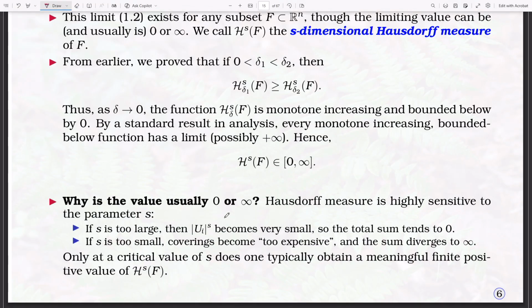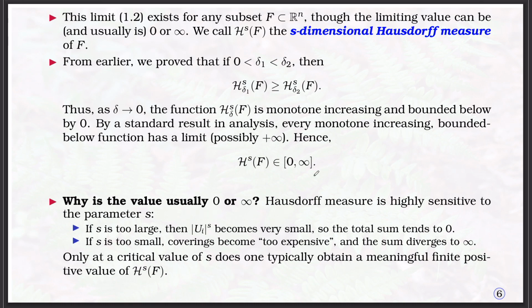Why is the value usually 0 or infinity? Why is this value Hs of F usually 0 or infinity? Hausdorff measure is highly sensitive to the parameter S. If S is too large, then the diameter power S becomes very small, so that the total sum tends to 0.